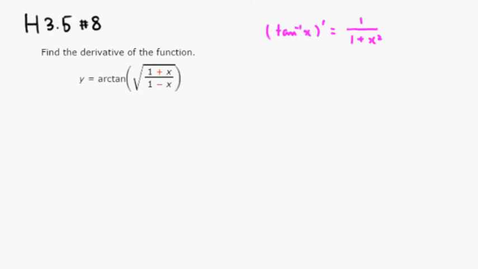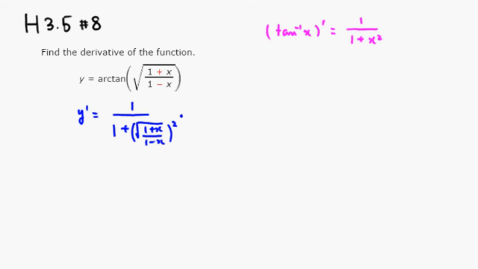So if you take the derivative of this, we'll get y prime is equal to, so the derivative of arctangent is 1 over 1 plus x squared, with the inside function square root of (1 plus x over 1 minus x). So we put 1 over 1 plus, right, this is the inside function, so I have to put (1 plus x over 1 minus x), then you have to square that, then multiply by the derivative of the inside function.